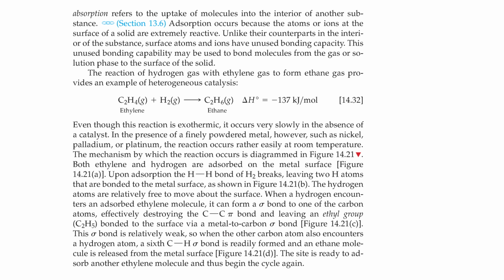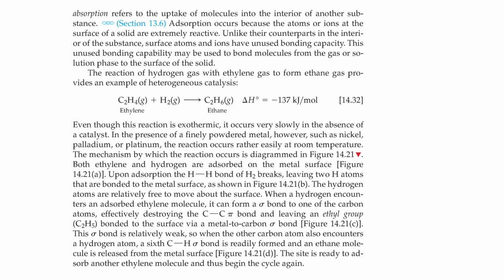Adsorption occurs because the atoms or ions on the surface of the solid are extremely reactive. Unlike their counterparts in the interior of the substance, surface atoms and ions have unused bonding capacity. This unused bonding capacity may be used to bond molecules from the gas or solution phase to the surface of the solid.